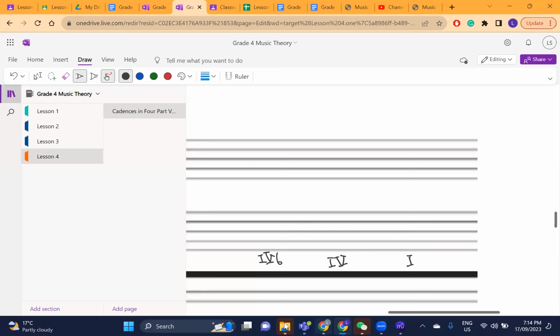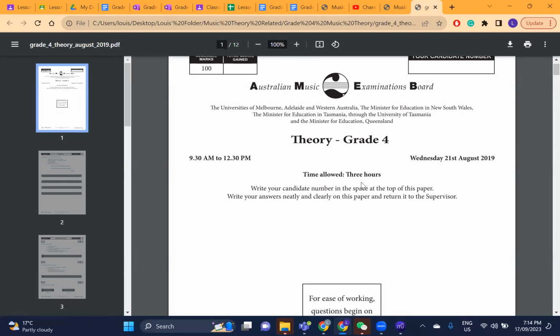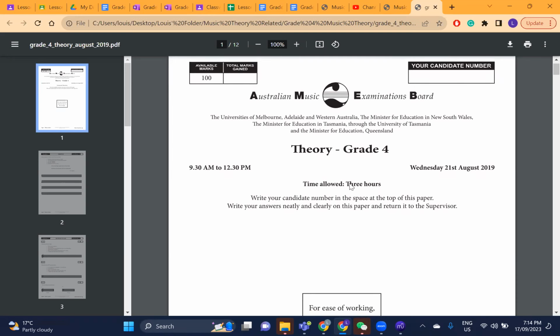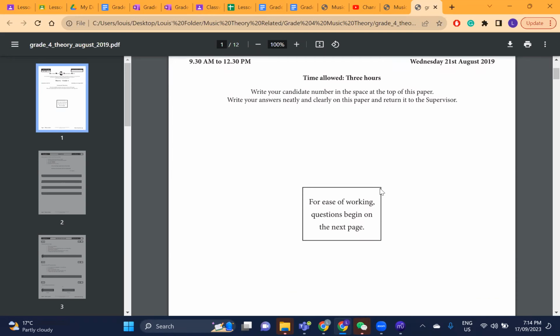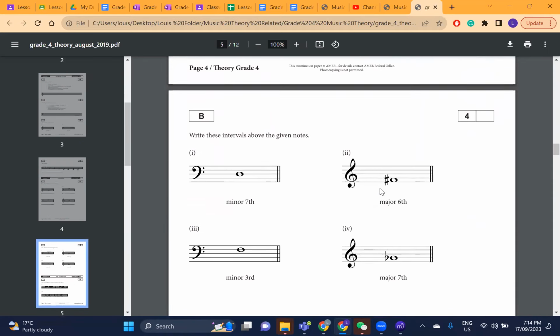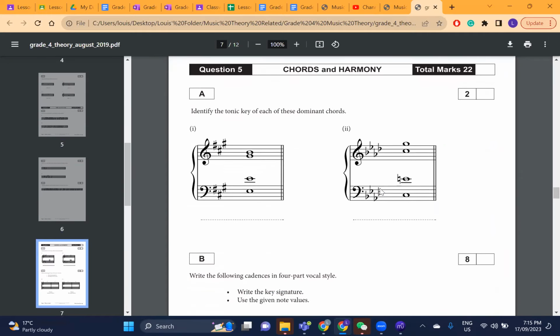Look, this is the test paper from August. This is the official test paper from August 2019. 3 hours. Holy. If I can sleep for like 1.5 hours.